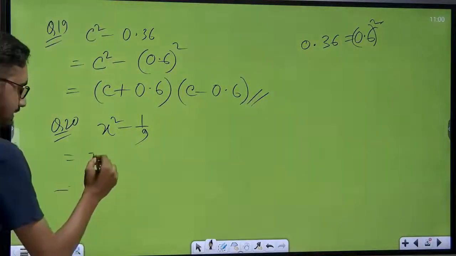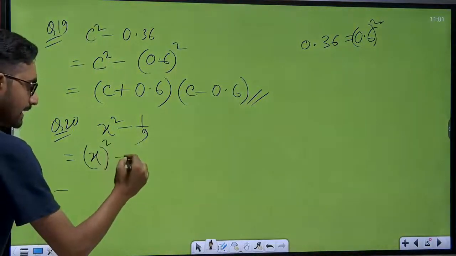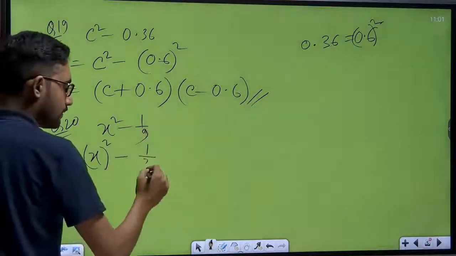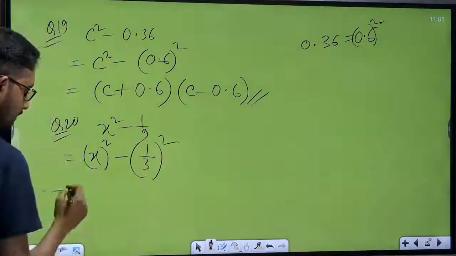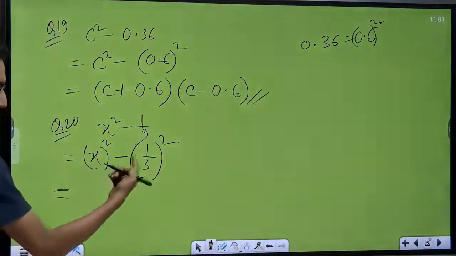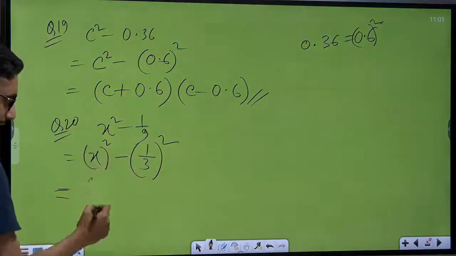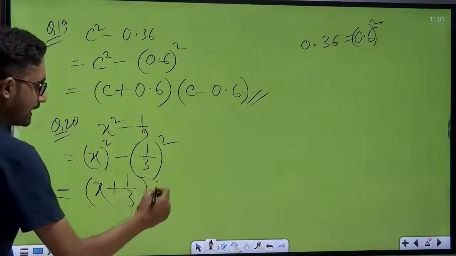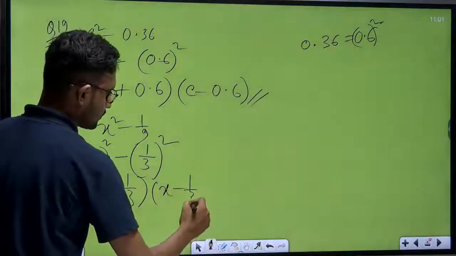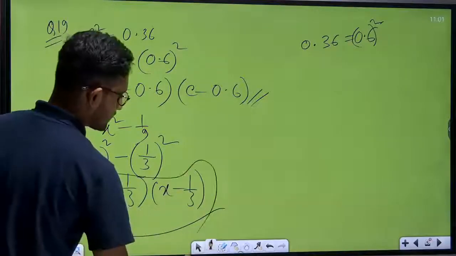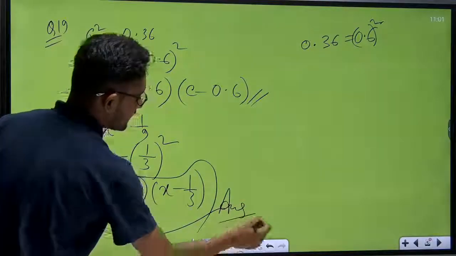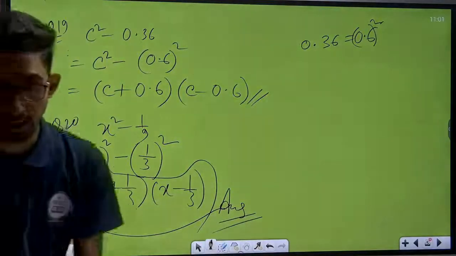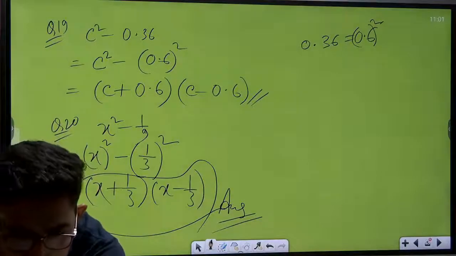See, x square minus 1 upon 9, we can say 1 upon 3 whole square. So x, a plus b, a minus b, na. So here a is equal to x. So write down x plus 1 upon 3 and x minus 1 upon 3. That is the correct answer. Yes or no? I think all of you understood this. All the questions, whatever questions we have discussed. Yes, students.